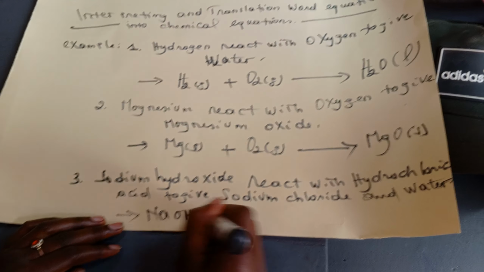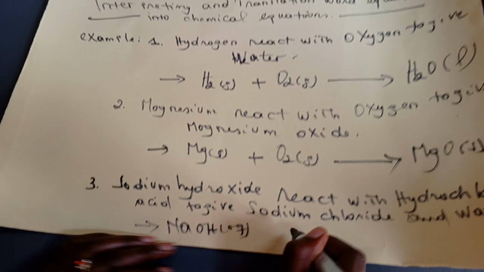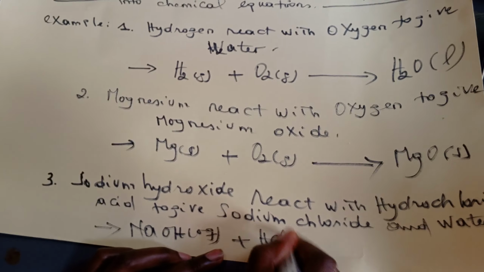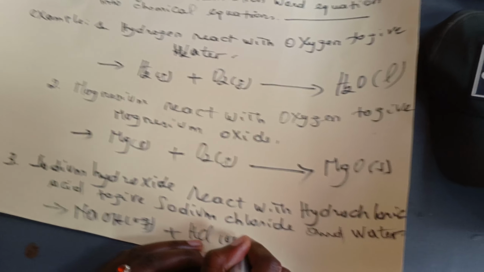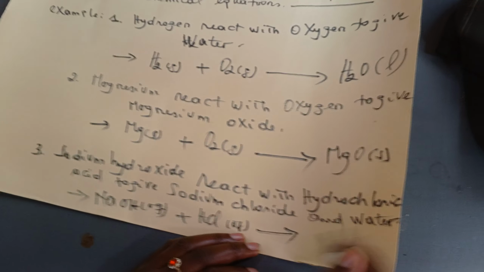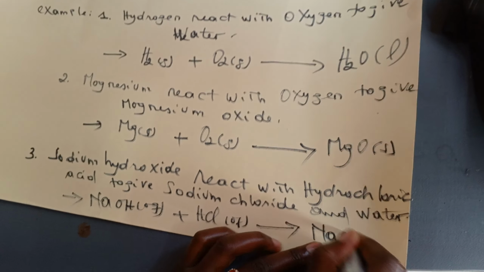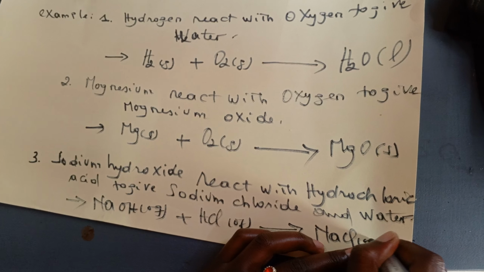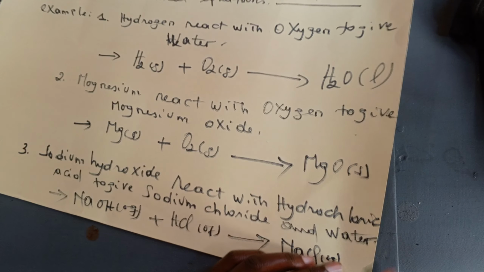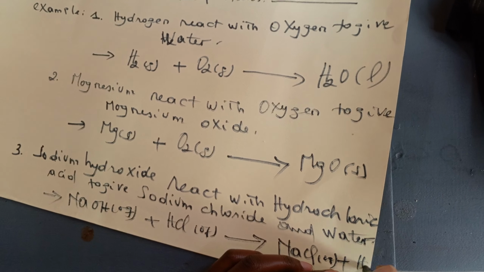Sodium hydroxide, which is aqueous, reacts with hydrochloric acid, which is aqueous, to give sodium chloride, which is aqueous, and water.